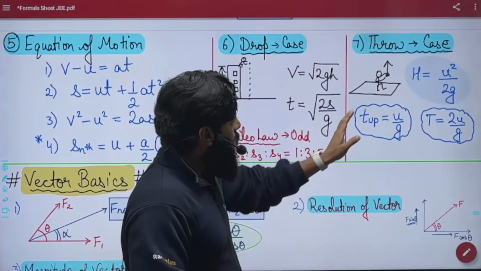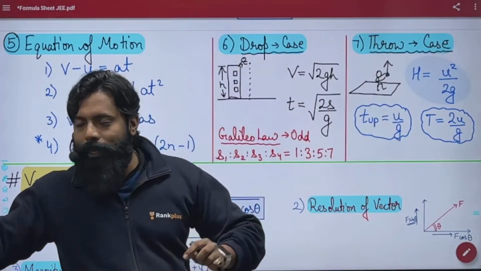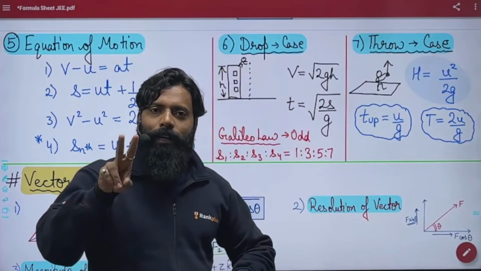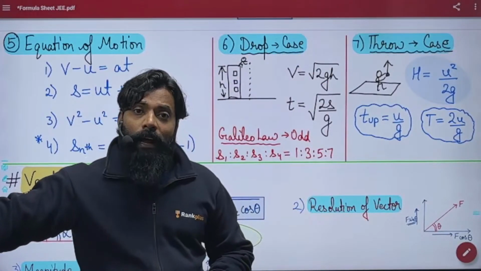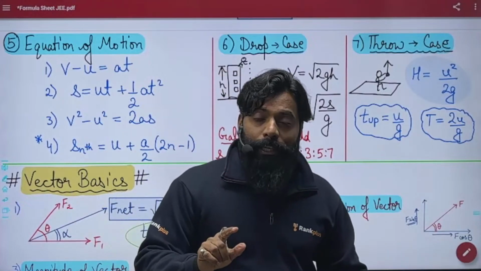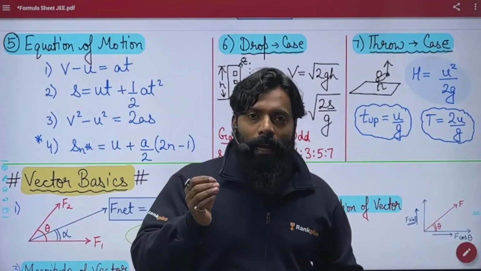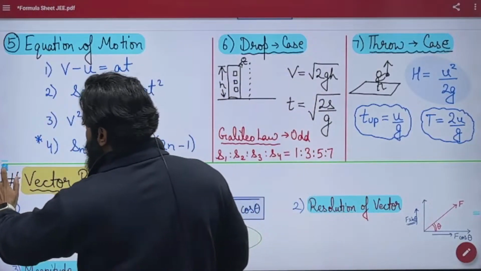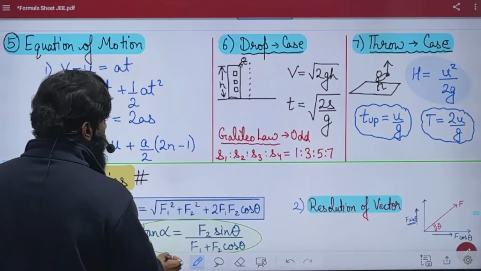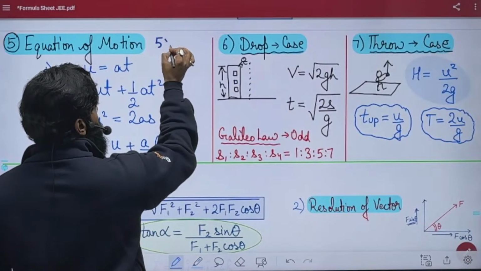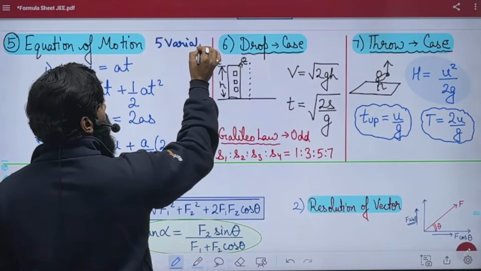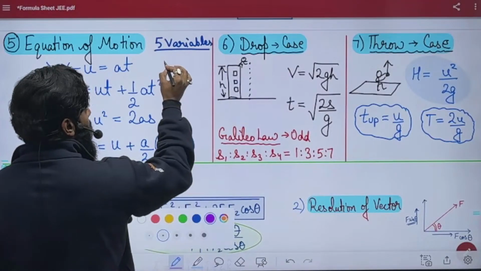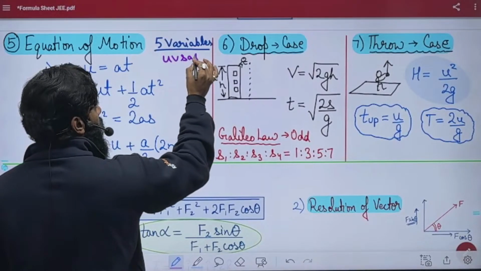Right, similarly, if I'm throwing this ball vertically, I have to calculate two things: the height, and the height formula is u square by 2g, and the other thing is the time. Why am I going to calculate this? Because I told you that in equations of motion we have 5 variables, and in these 5 variables you can write this as u, v, a, s, t.